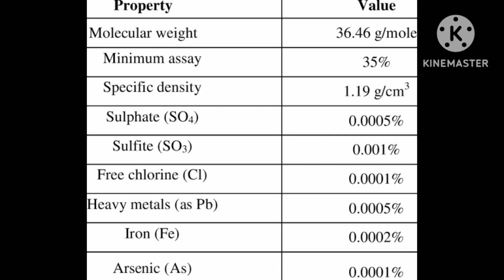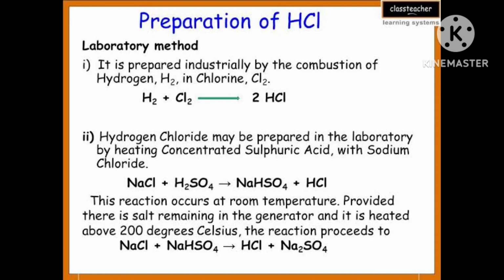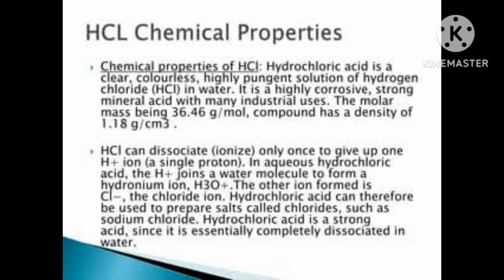Nitric acid HNO3 produces H+ ions and HCl also produces H+ ions. The reaction is Au plus 4H+ plus NO3 minus plus 4Cl minus, forming AuCl4 minus plus NO, nitric oxide, a brown gas, plus 2H2O.